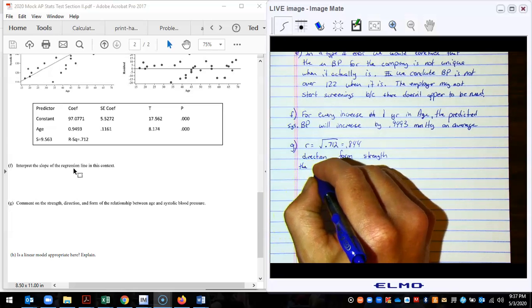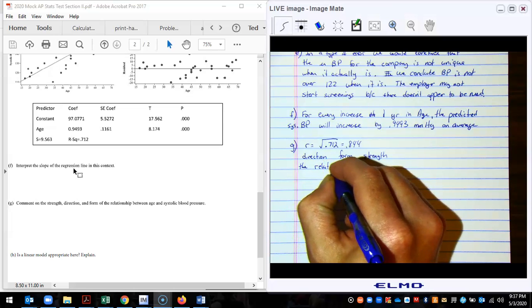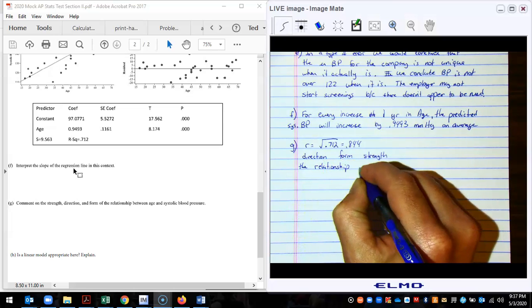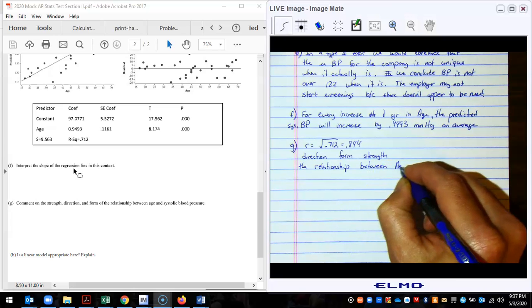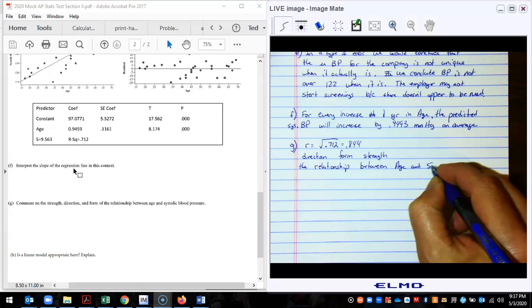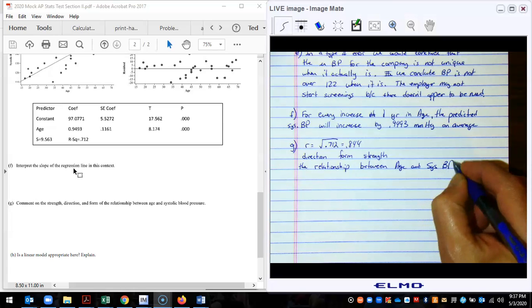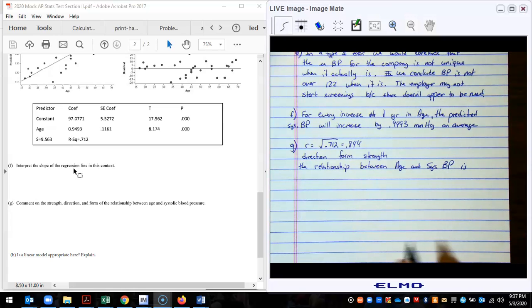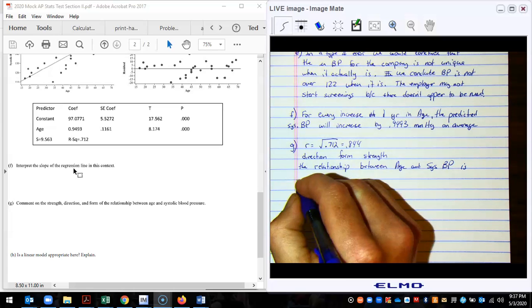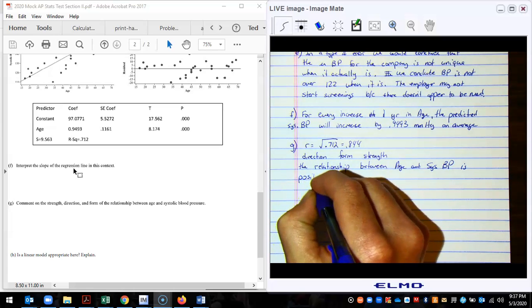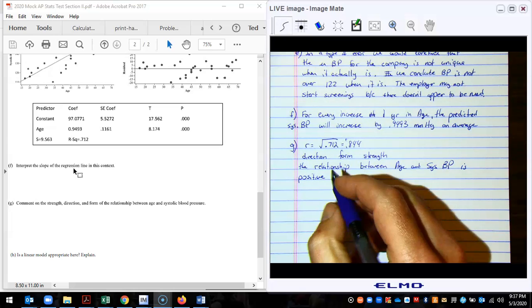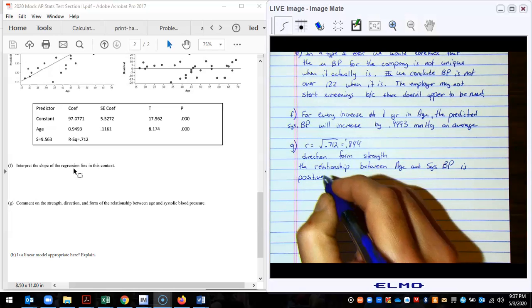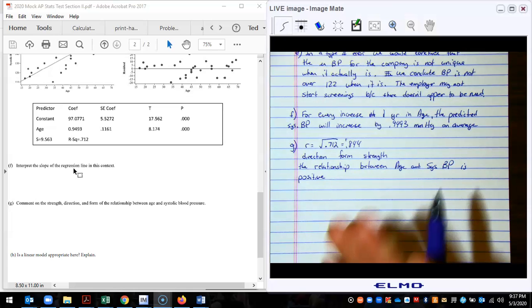So the relationship between age and systolic blood pressure is positive, because it's a positive slope.